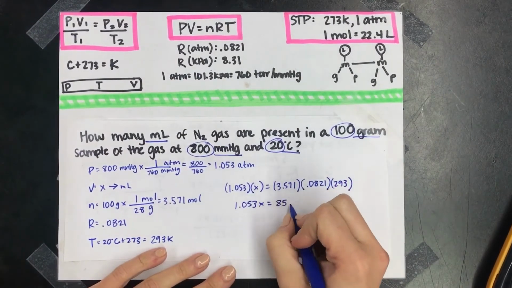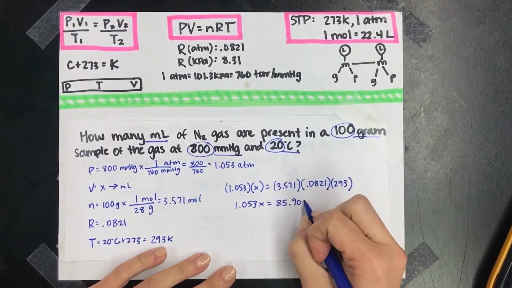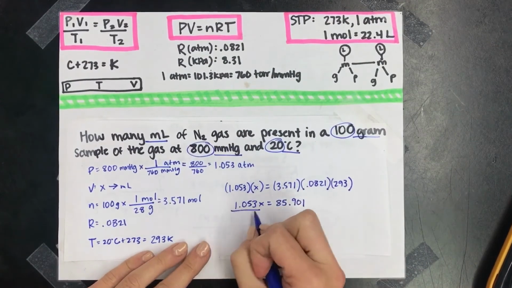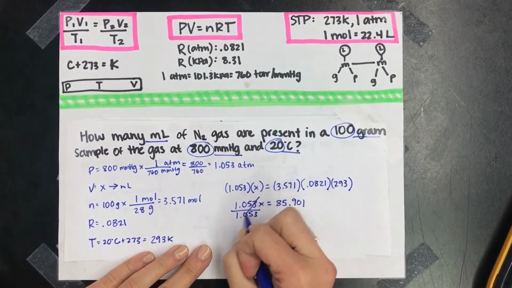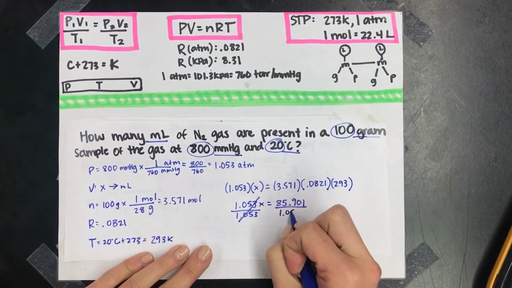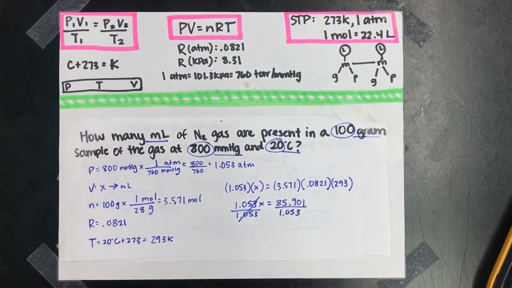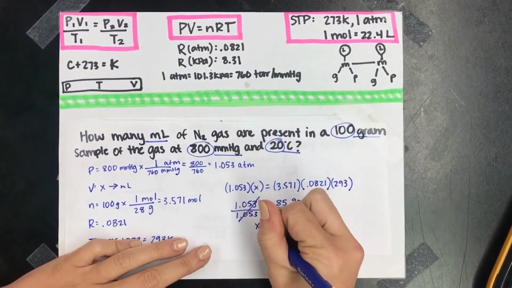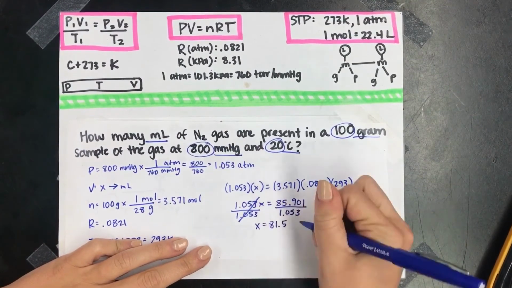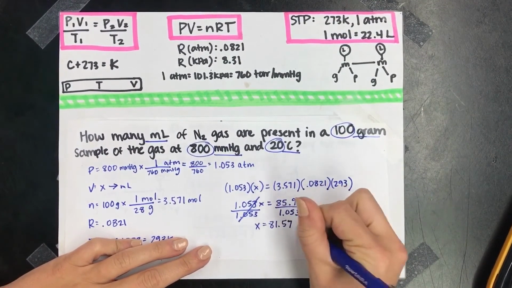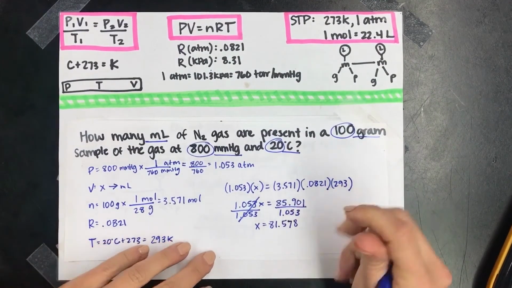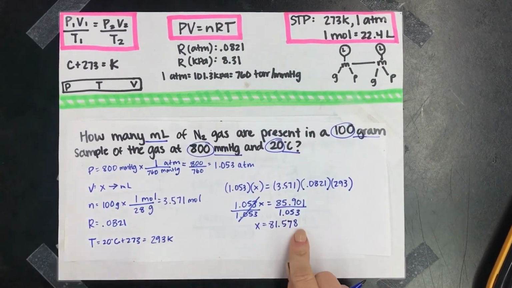You get 85.901. Get x by itself. Okay, 81.578.